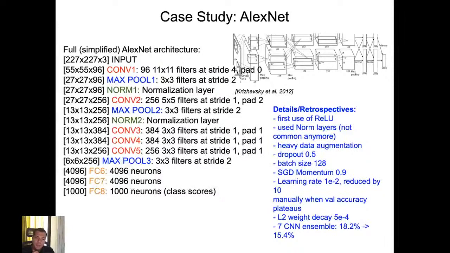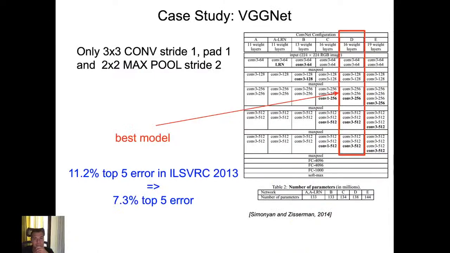And in the end, they trained 7 of these neural networks. So they used an ensemble to improve their performance. So they reduced their top 5 error rate from 18% to 15%.